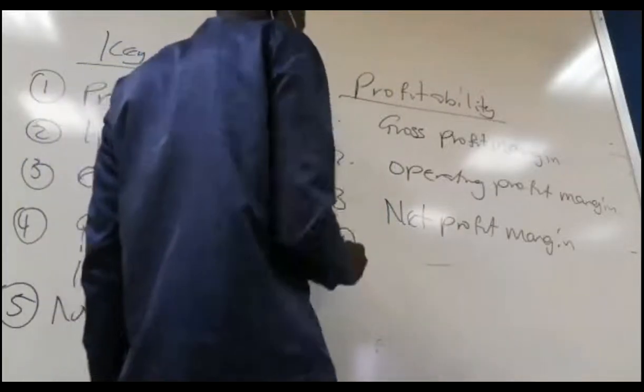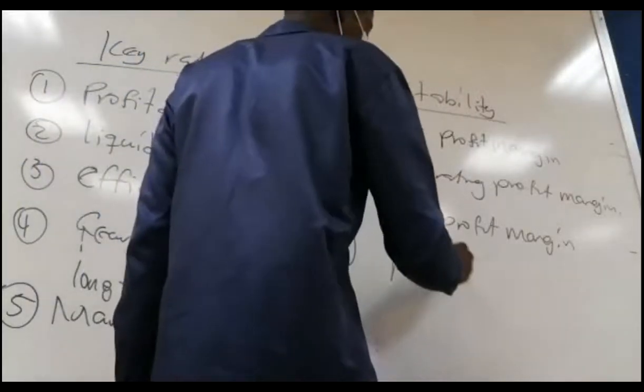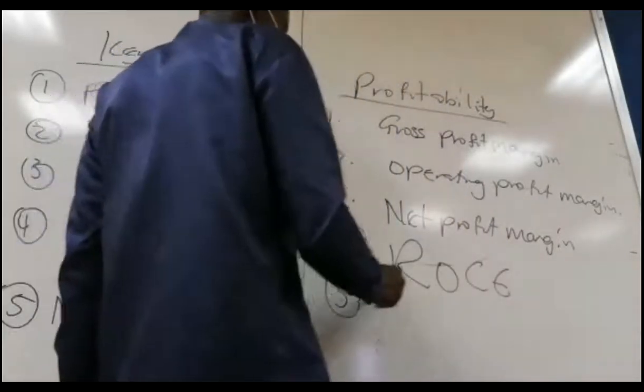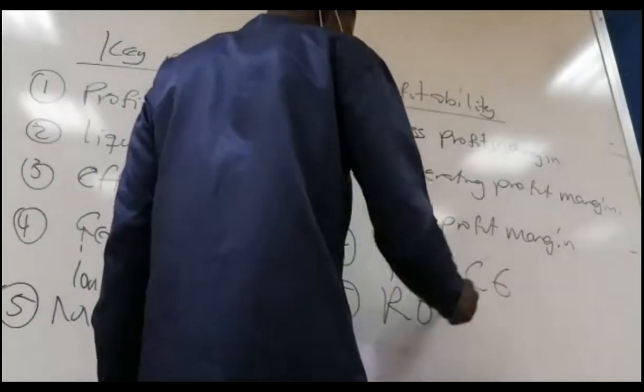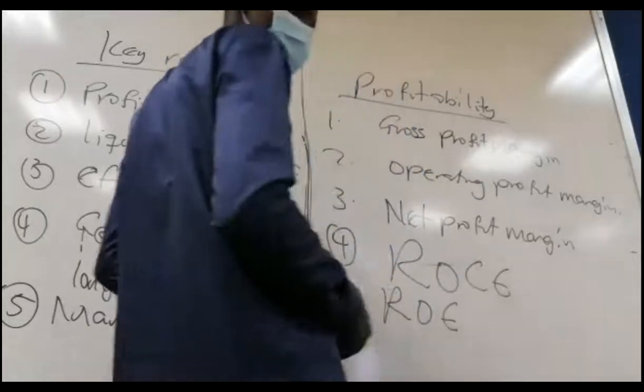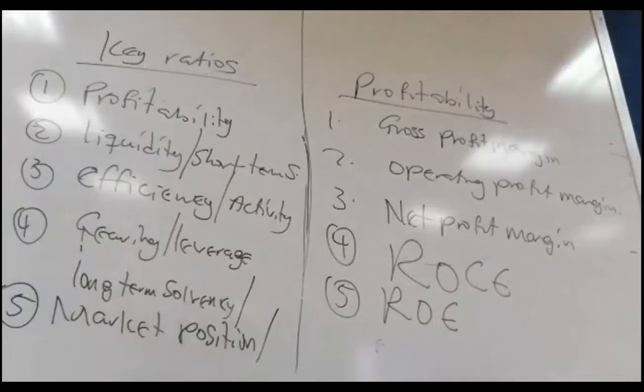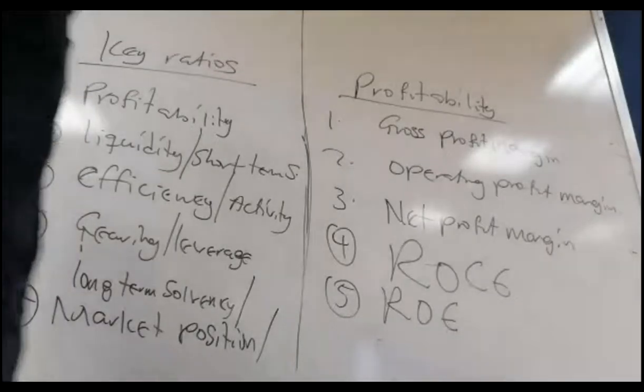The fourth one is the return, ROCE, return on capital employed. Then the last one is ROE, return on equity. So these are the five profitability ratios.